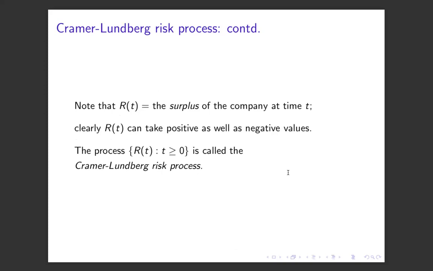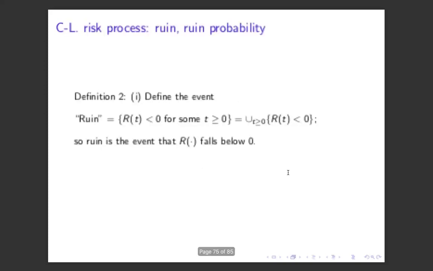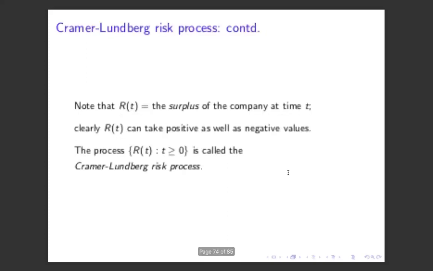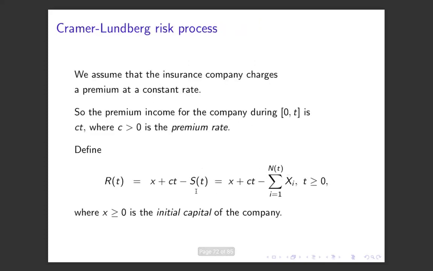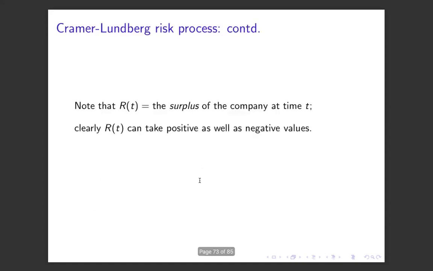So from our point of view, an interesting and important concept involved is the so-called ruin. We mentioned that this R(t) can be positive or negative. Of course, if it is negative, that means R(t) is less than 0. It's in the red.